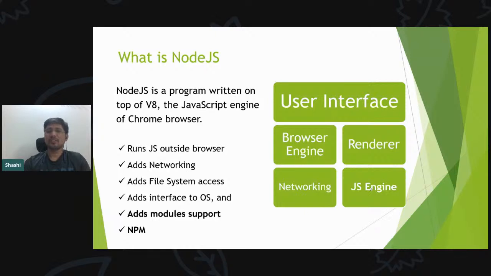Along with that, obviously, there is an interface to the OS. The JavaScript code that runs in your browser is kind of limited in scope. Not limited in the functionality it can achieve, but limited in scope. For example, JavaScript in the browser cannot talk to your OS directly. It cannot tell the OS to switch on the camera.